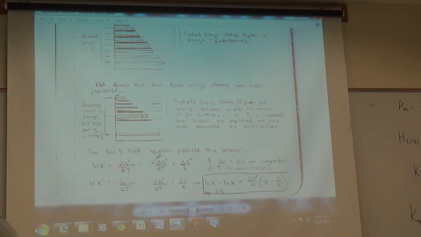In our system, we had more gas-phase species in the products, and so the total pressure showed up in the numerator of our expression. If we had more gas-phase species in the reactants, then the total pressure is going to show up in the denominator of the expression. So just because total pressure showed up in the numerator here, don't expect that to mean it's going to show up in the numerator in your homework problems or exam problems. All right? So you're going to have to do something along that line.